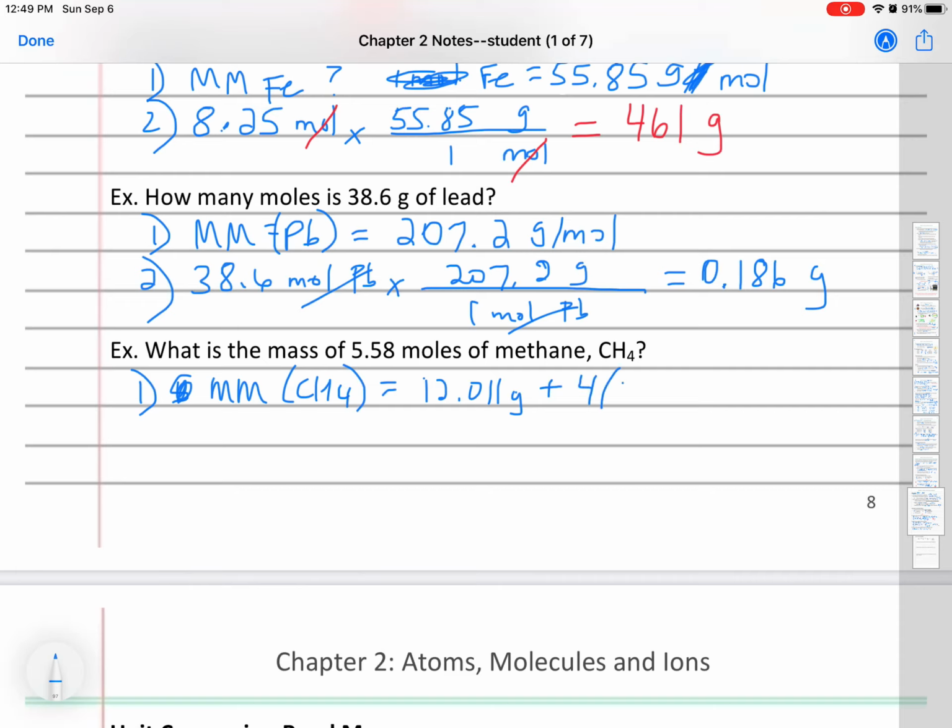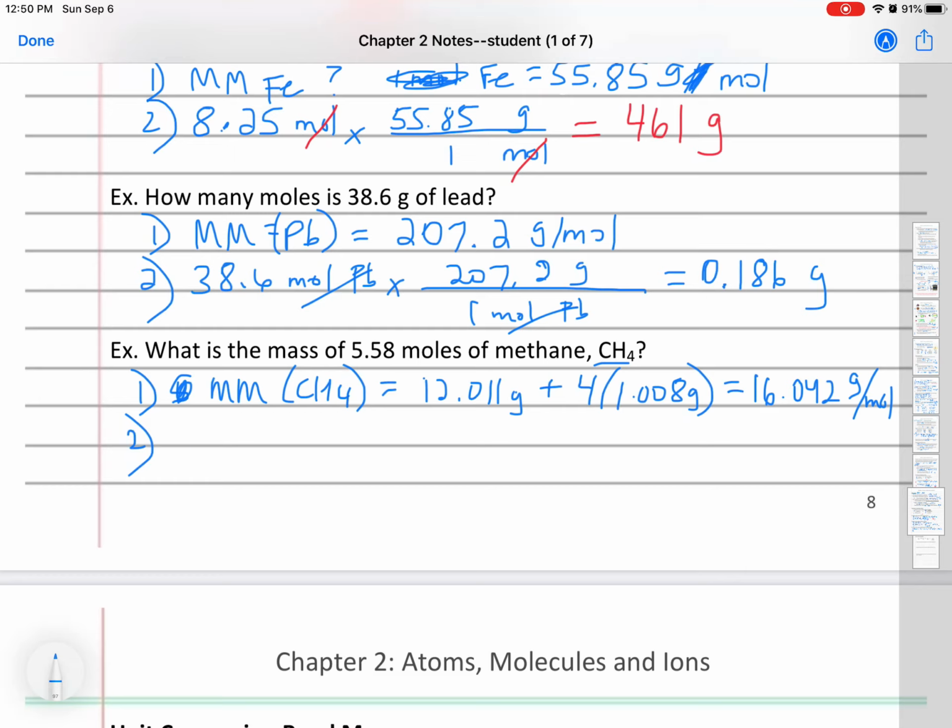And we add that to the mass of 4 hydrogens, grams per mole. And we get a molar mass of 16.042 grams per mole. That's the molar mass of methane.